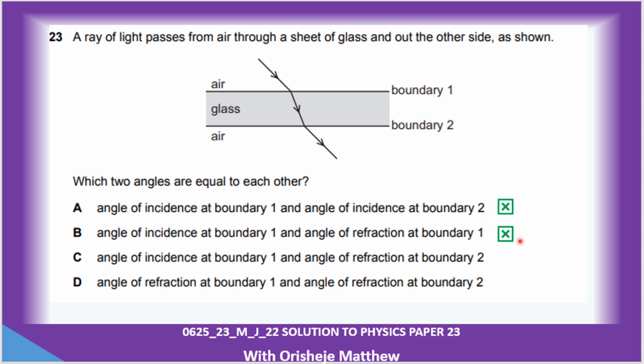So we have this. So the angle of incidence at boundary 1 and the angle of refraction at boundary 2 are equal. So your answer is C.